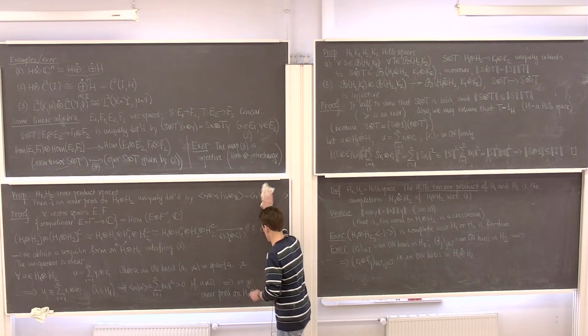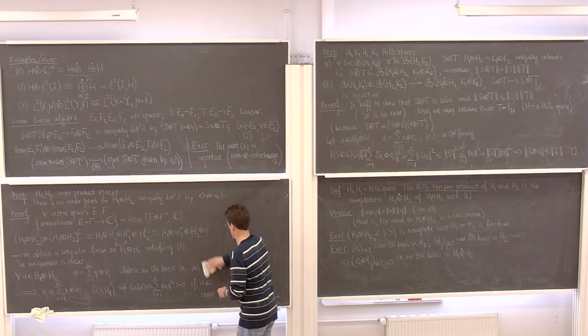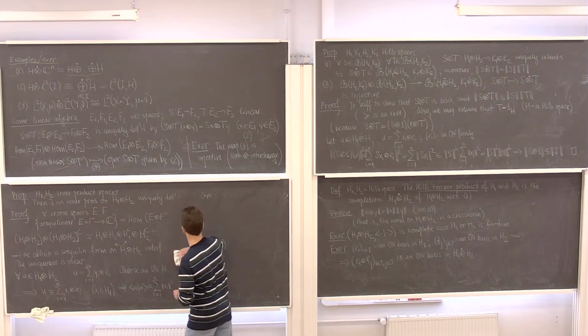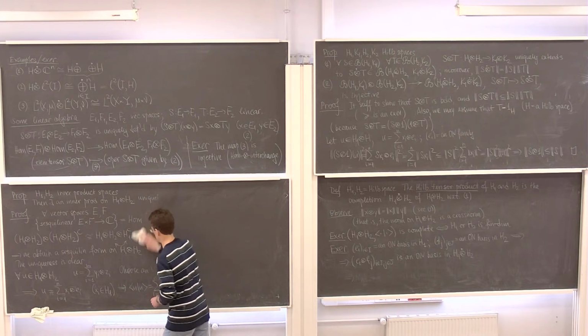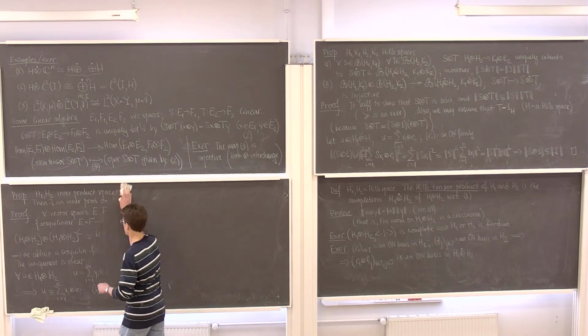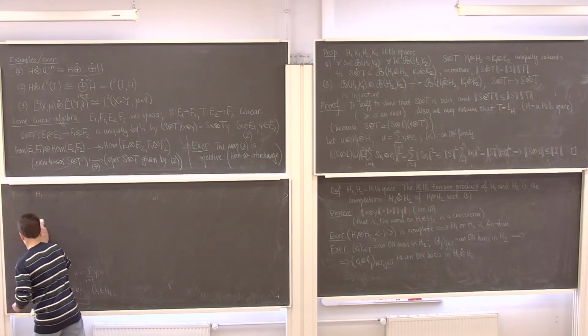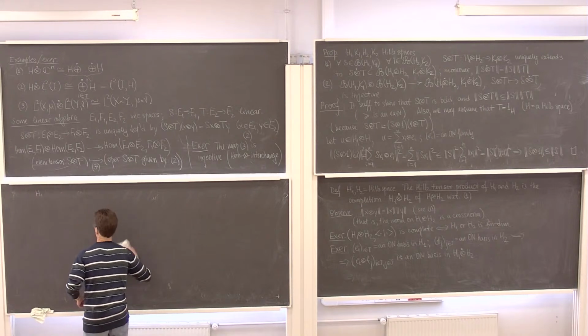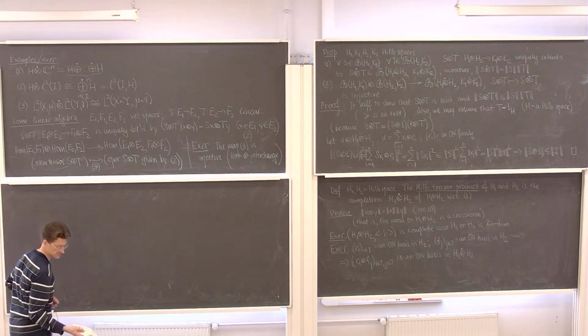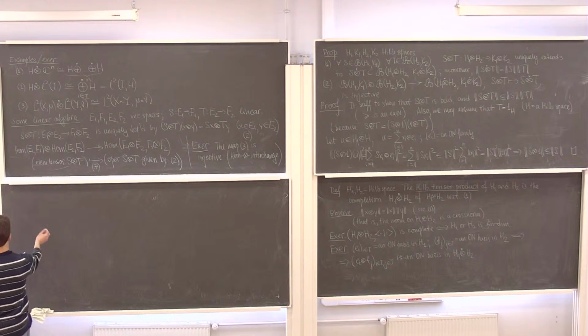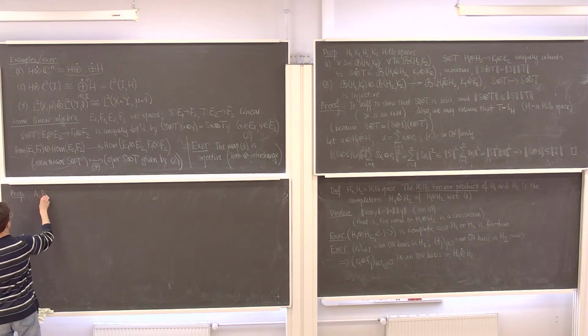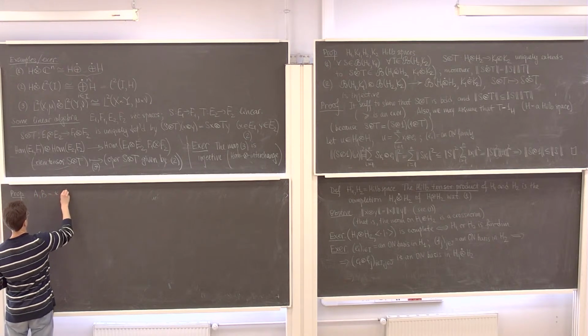Now, let's discuss the Hilbert tensor product of star representations. So we have the following proposition. Suppose that A and B are star algebras.